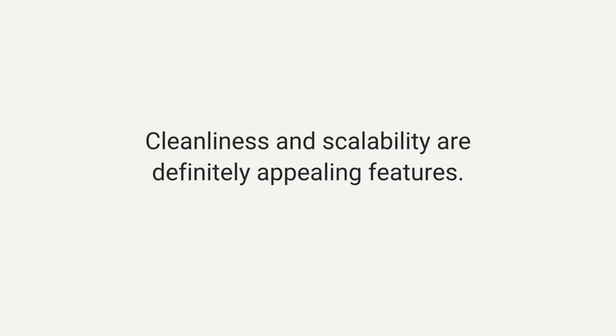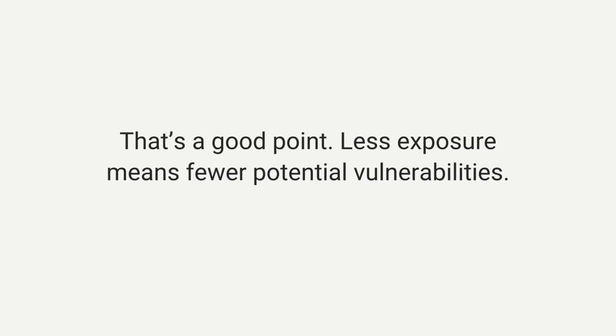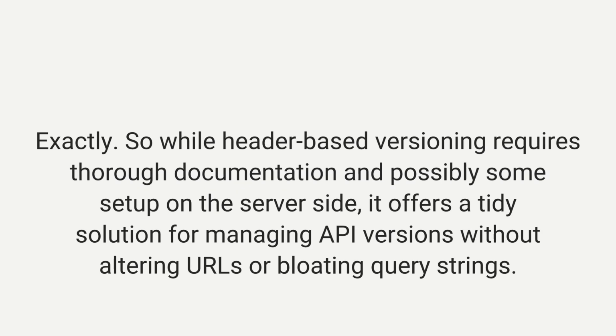Cleanliness and scalability are definitely appealing features. Indeed. And from a security perspective, since the version isn't visible in the URL, it adds another layer of obscurity, which can be beneficial. That's a good point. Less exposure means fewer potential vulnerabilities. Exactly.